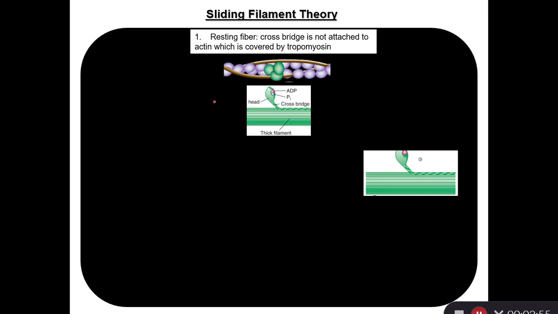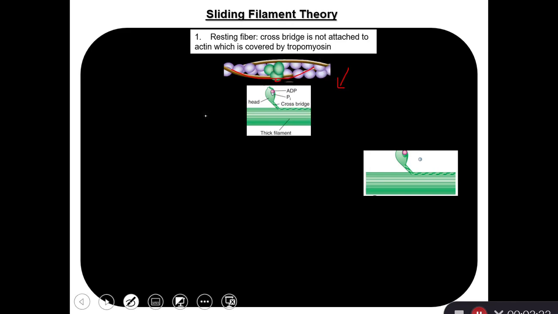Let's go here step by step with the sliding filament theory that leads to skeletal muscle contraction. So here is a resting skeletal muscle. You can see that the actin is covered with the tropomyosin. Troponin is fixing tropomyosin in place.